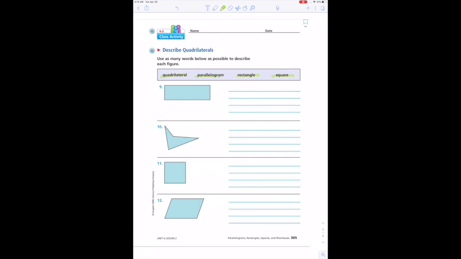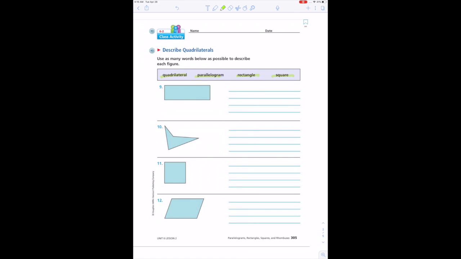We talked about parallelograms, rectangles, and squares. That's kind of the nice thing. We don't have to worry too much about a rhombus as we go into it, but we could add that in for extra credit if we wanted to. So pause the video, try 9, 10, 11, and 12, and then play it back and check your answers, okay?